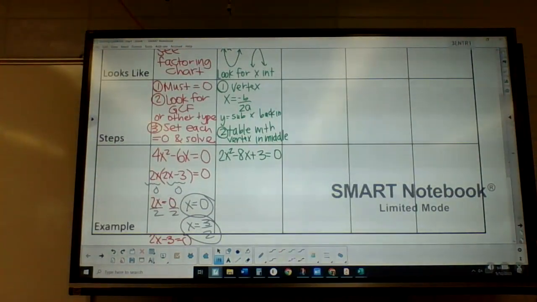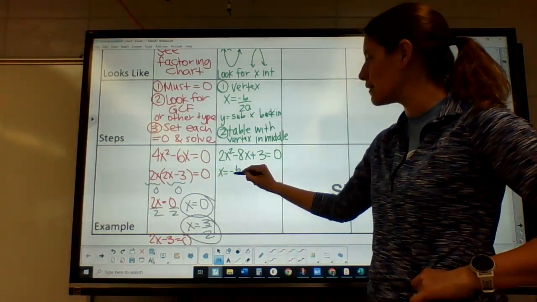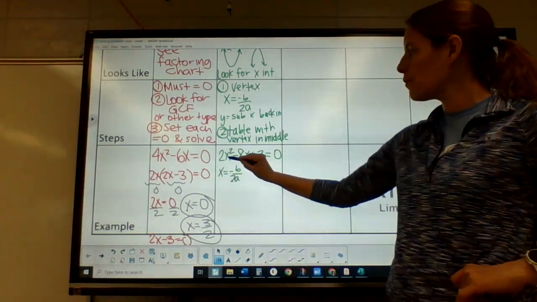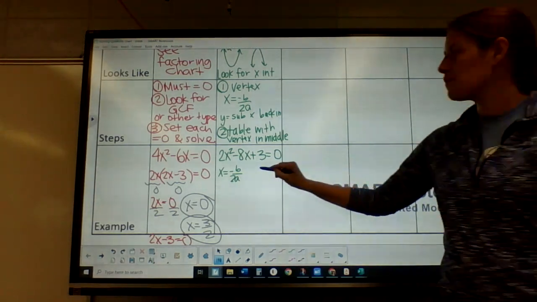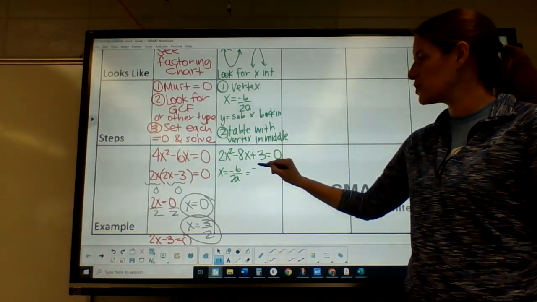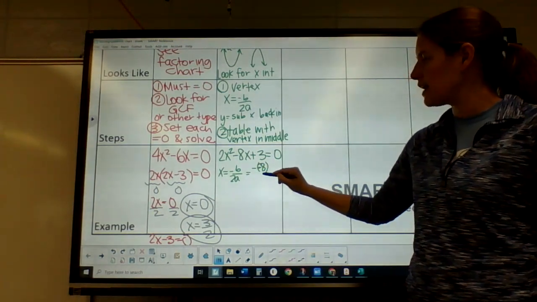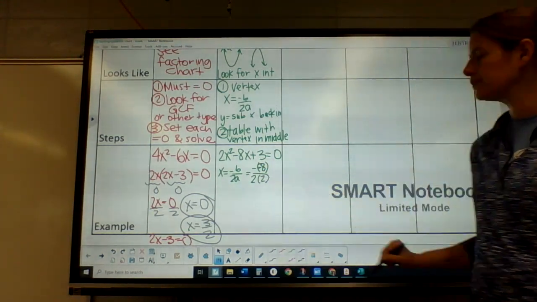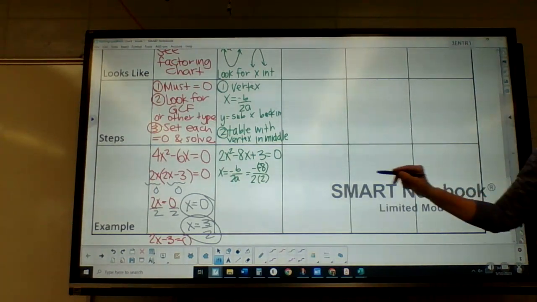All we're going to do in this problem is find the vertex so we can get that centered. That's definitely the toughest part of this. So x equals negative b over 2 times a. My a, b, and c come from this equation. What's b in this case? It is a negative 8, so negative negative 8 over 2 times 2. It's going to be positive 8 over 4.